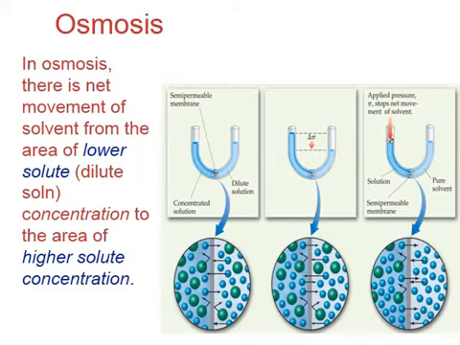In osmosis, there is a net movement of solvent from the area of lower solute concentration to the area of higher solute concentration, which we already established in the last two slides. This is the same thing that you're looking at now.